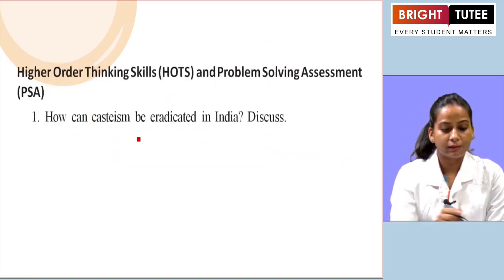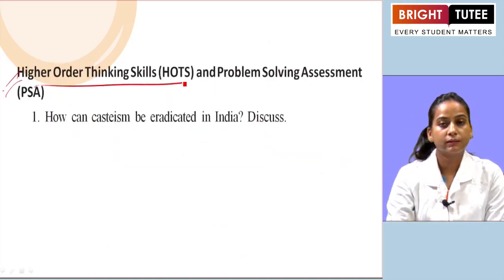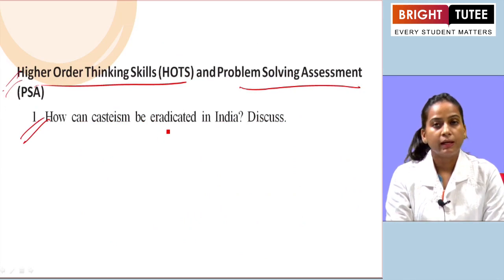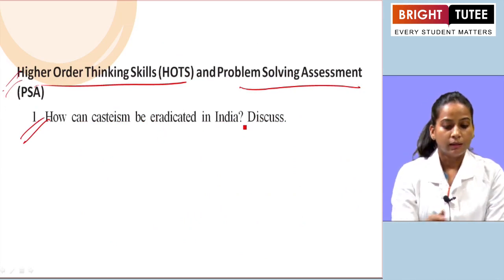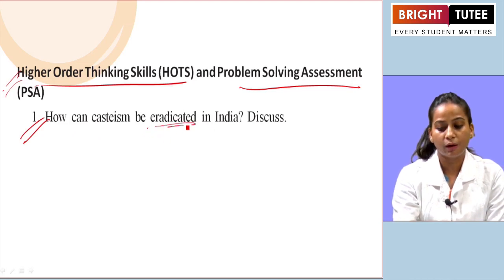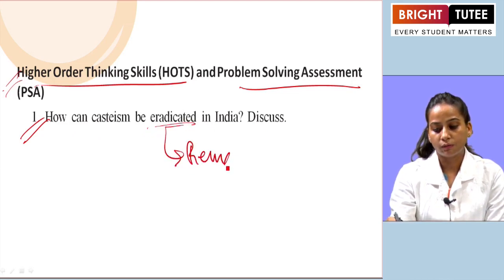Now this question, based on high order thinking skills and the problem solving assessment, question number 1, how can casteism be eradicated in India? Here they are asking how can casteism be eradicated in India, means how it can be removed.